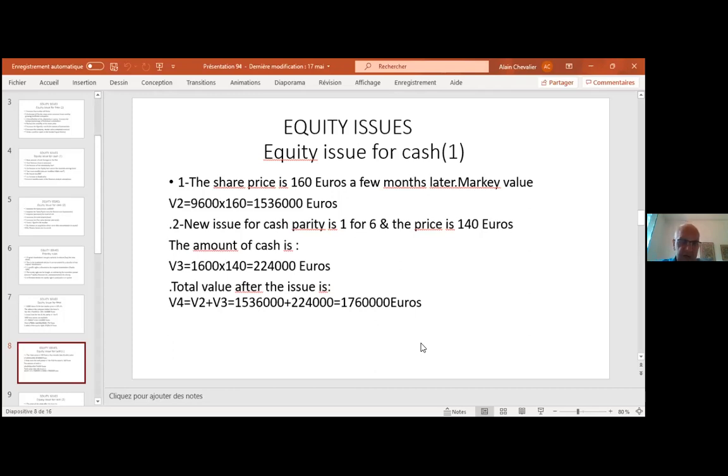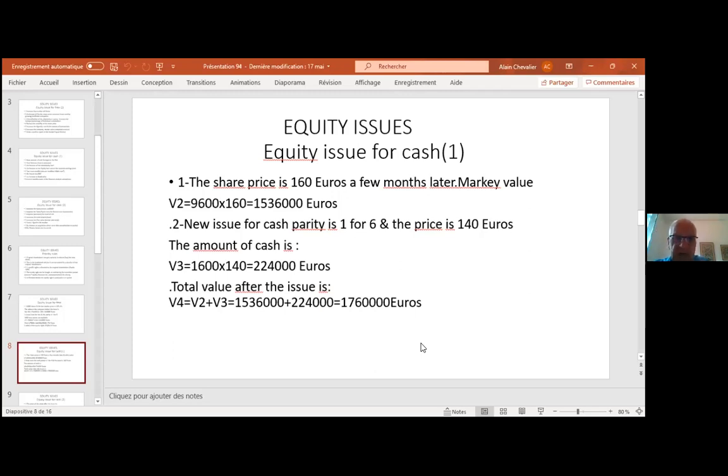And the value of the company is now equal to 9,600 multiplied by 160, which is 1,536,000 euros. So that's the market value of the company at the time of the announcement of the second operation. That's where we are.